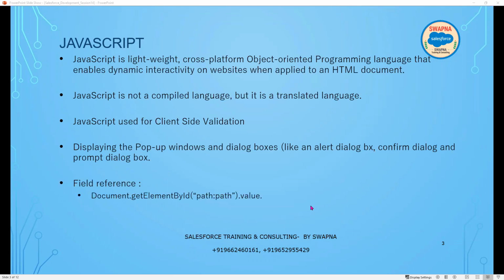So whenever we want to reference the value of a field, we have to use document.getElementById, then call the path dot value. So this is what we have seen.